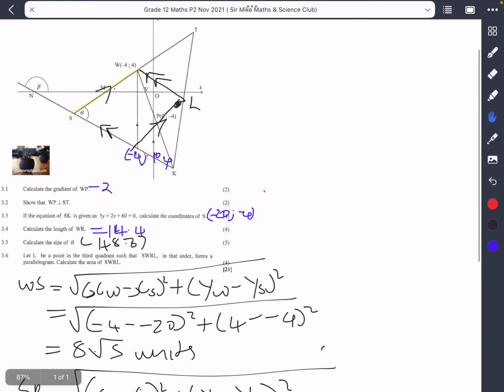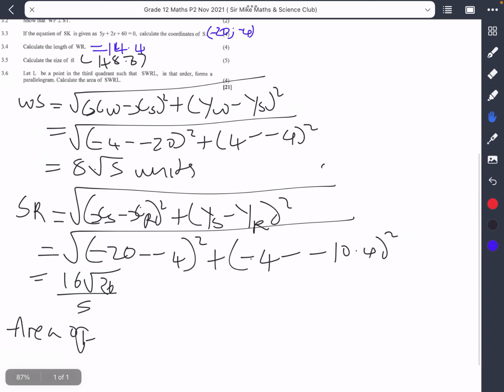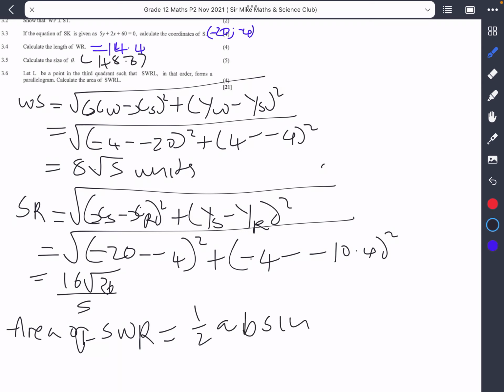That was actually SWR. So the triangle SWR simply equals a half AB multiplied by the sine of the angle in between. In this case, I'm just going to leave it as C. So it will simply equal a half, one of the sides, which is 8 root 5, multiplied by B, which is that very strange value, 16 under the square root of 26, divided by 5.